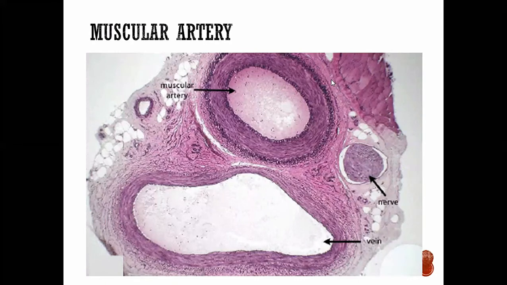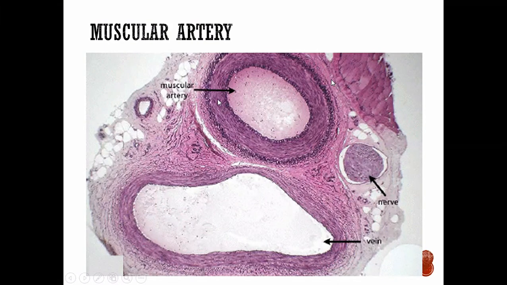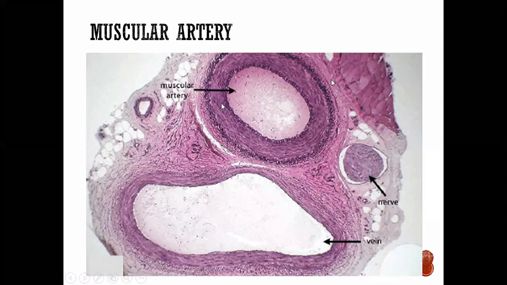Now, another view. You will see that this is a muscular artery. You see this thick tunica media. This is your vein. One way of distinguishing a vein from an artery is that the opening of the artery is round or elongated, while here you have a collapsed opening of your vein.